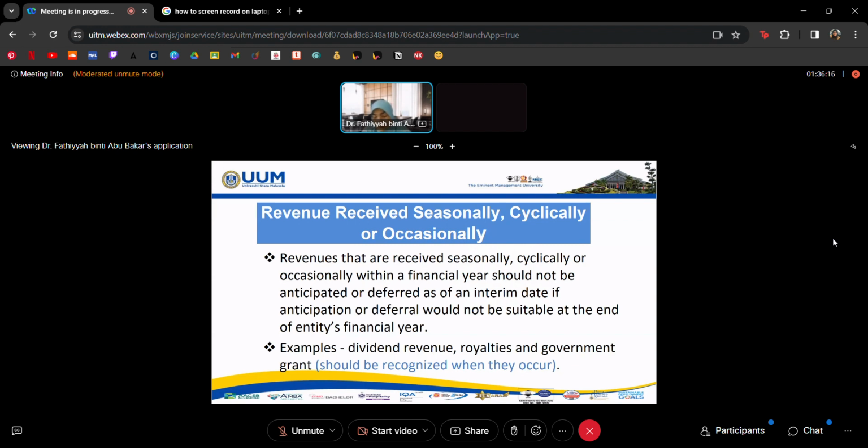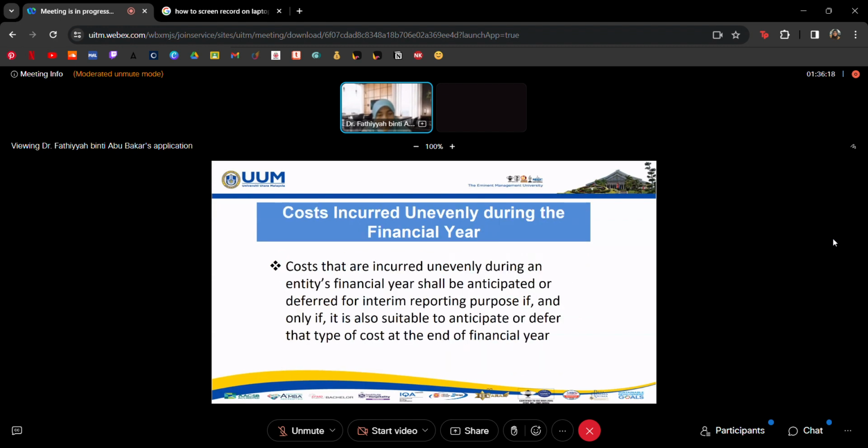All right. For costs, it says costs that are incurred unevenly during an entity's financial year should be anticipated or deferred for interim report purposes if and only if it is suitable to anticipate or defer that type of cost at the end of the financial year. We have an example like this: you pay the rent.